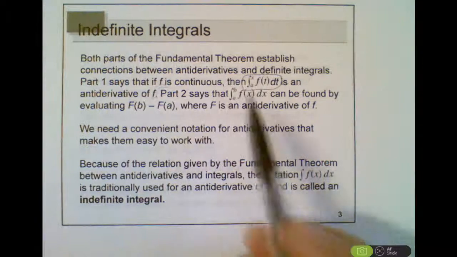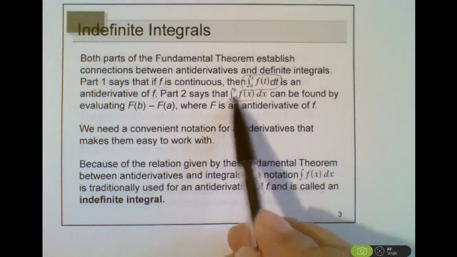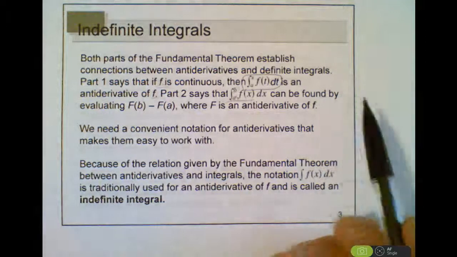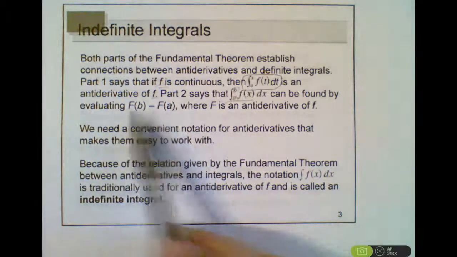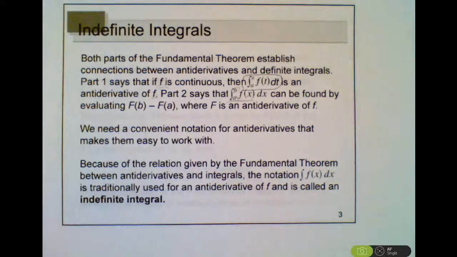And then the second part says that if I have a definite integral from one number to another number, then that can be found as the difference of one of the antiderivatives between those particular points. So this is very useful, and we're going to use a convenient notation for antiderivatives.